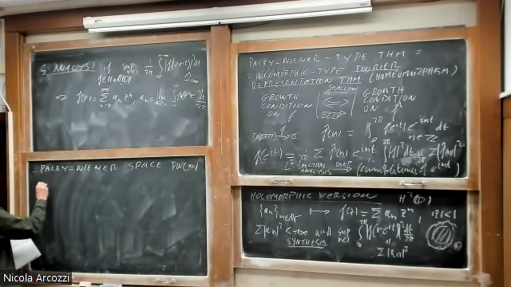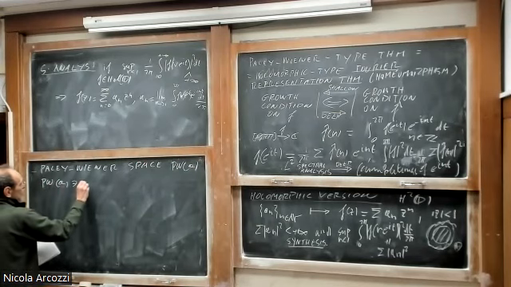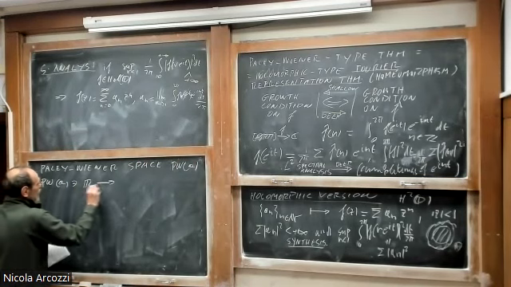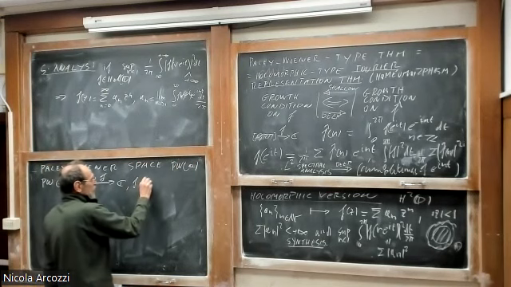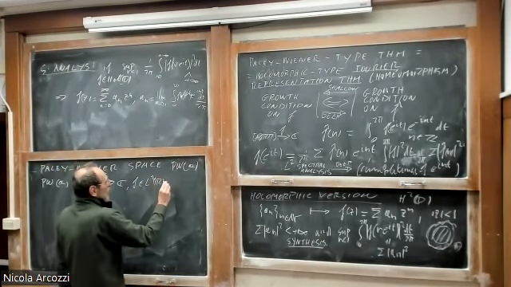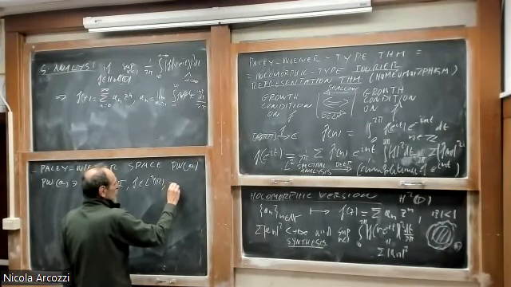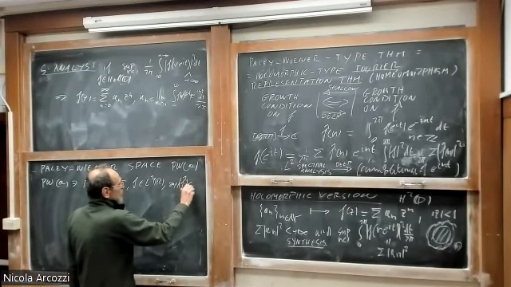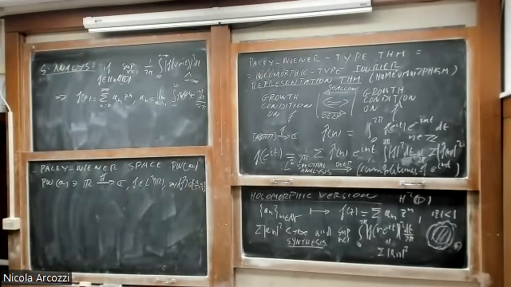These are, a priori, functions f defined on the real line, in L2, so that the support of f hat is in minus a over 2, a over 2.